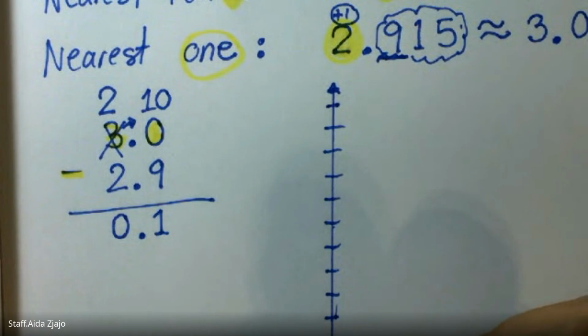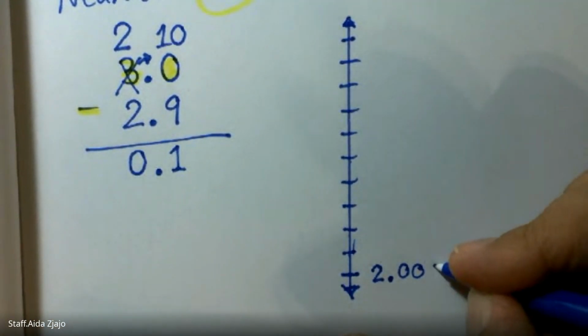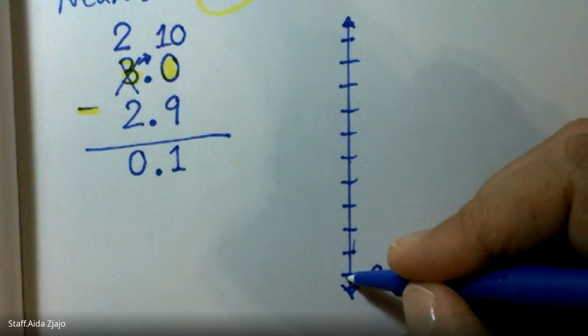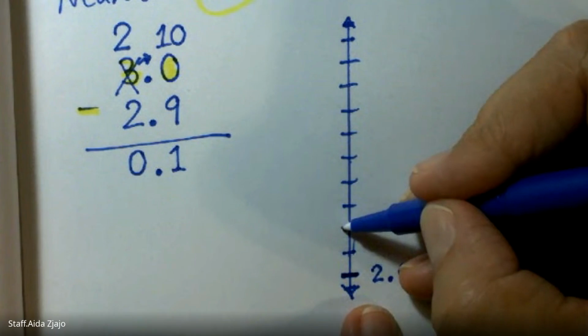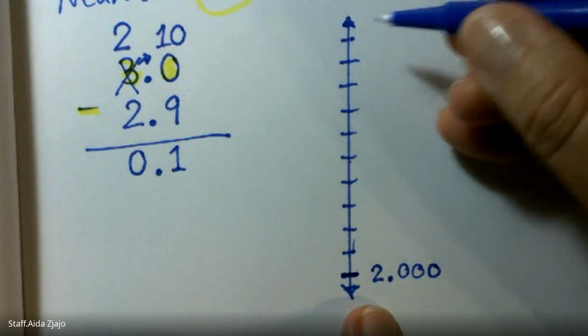If this is 2 wholes, I can put the thousandths here.